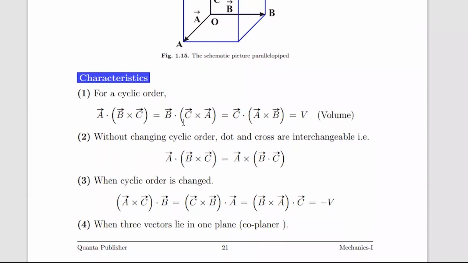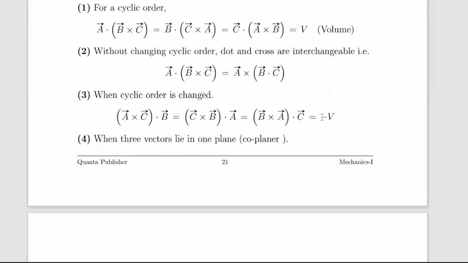Second is the cross product order in the brackets. This order cannot be changed because the cross product is non-commutative. If we change the bracket terms, that is C cross B, then this will equal the negative volume.